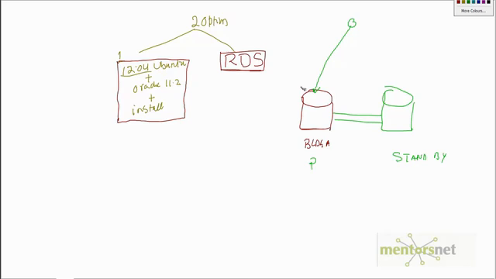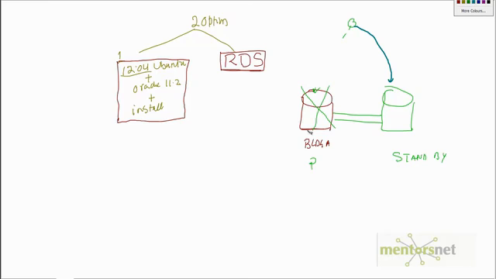So if this one is gone, the application does a transparent failover to this machine, and the application is still going to run and the system is going to work.